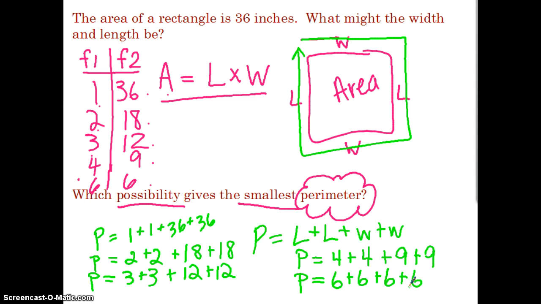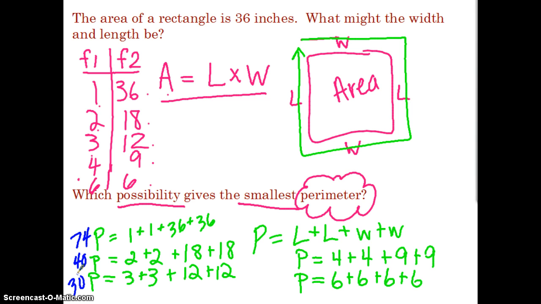And I'm going to get my answers. What'd you guys get? 74. All right, so we've got 74 here. So we've got a perimeter of 74. What about the 2 by 18? 40. 40, okay. And the 3 by 12 is? 30. All right, 30.